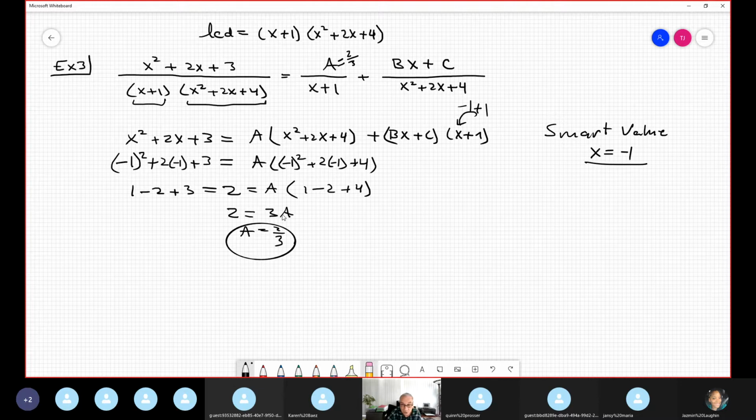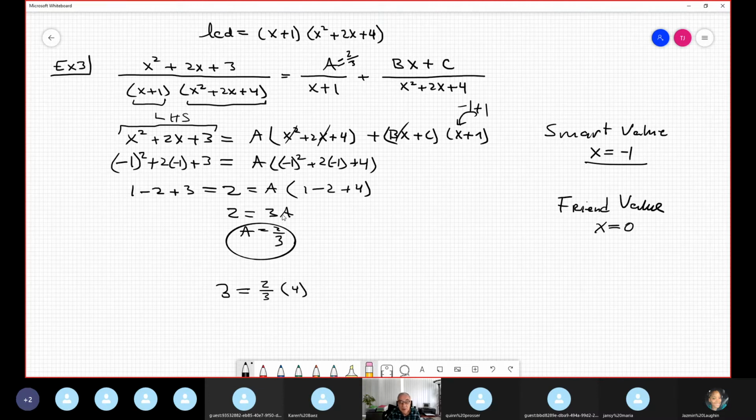But unfortunately, we have no more smart values. We need to use a frame value. The nice frame value is 0. When you plug in 0 in the left-hand side, it's obviously 3. When you plug in 0, keep in mind that A is 2/3, which we computed before, multiplied by 4, because this and this disappear.